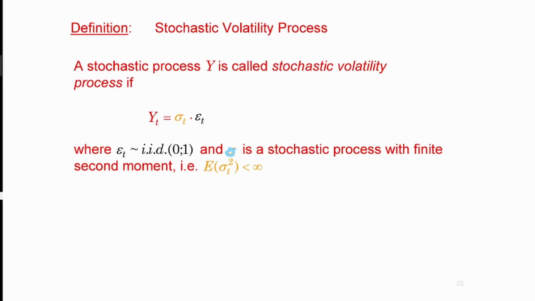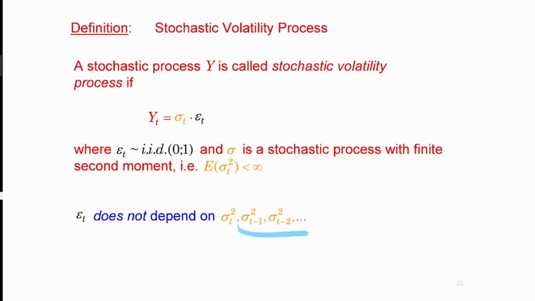Now the only issue that I will also add here is that the current observation of the noise does not depend on anything else, because the noises are uncorrelated. They are IID, so the current observation doesn't depend on anything else. In particular, it doesn't depend on the stochastic process sigma, and it doesn't depend on its past.